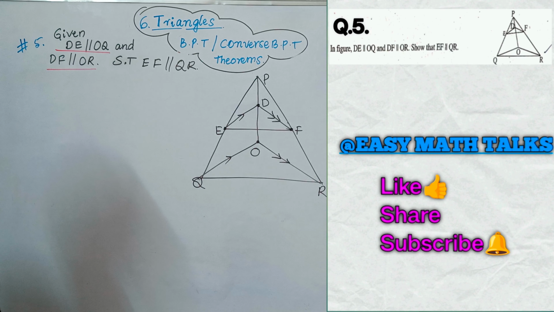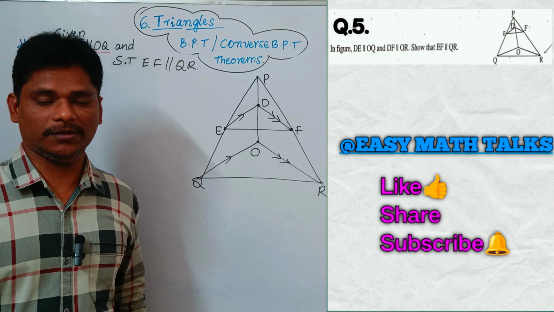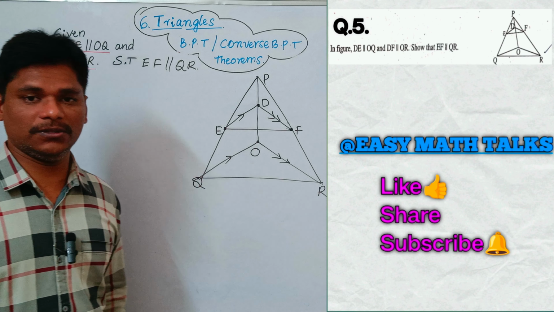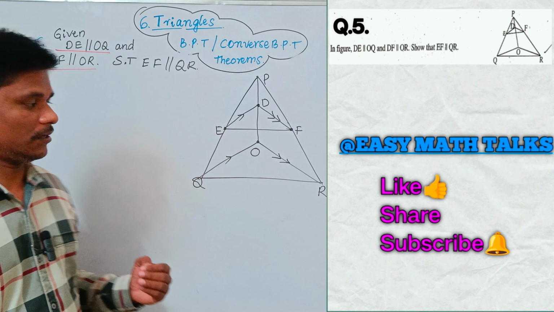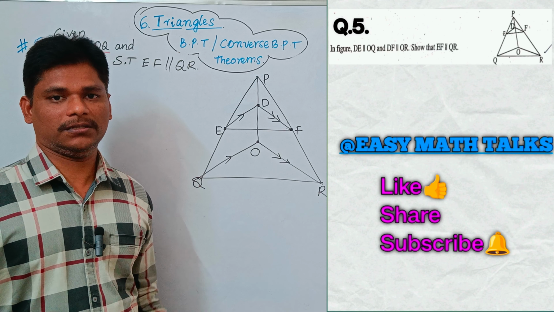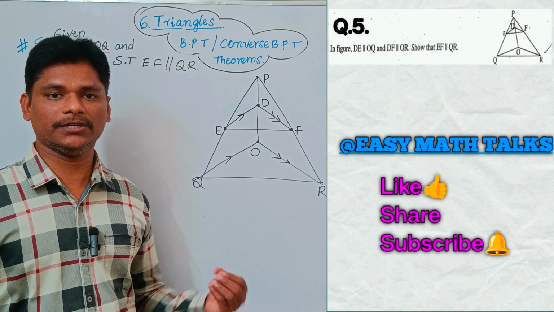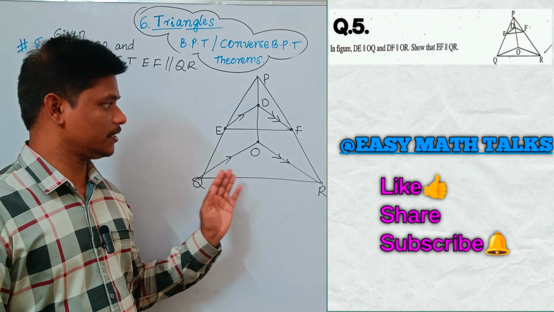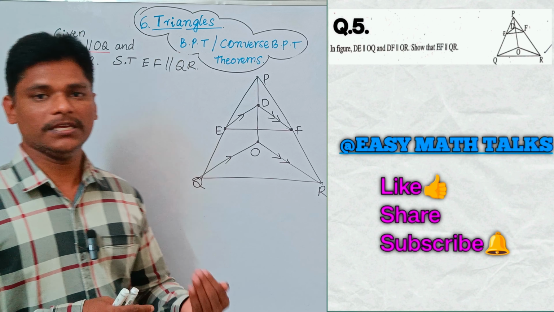Okay. So we know the BPT theorem and the converse BPT theorem. What is the BPT theorem? If a line is drawn parallel to one side of a triangle, then the other two sides at two distinct points are divided in the same ratio.